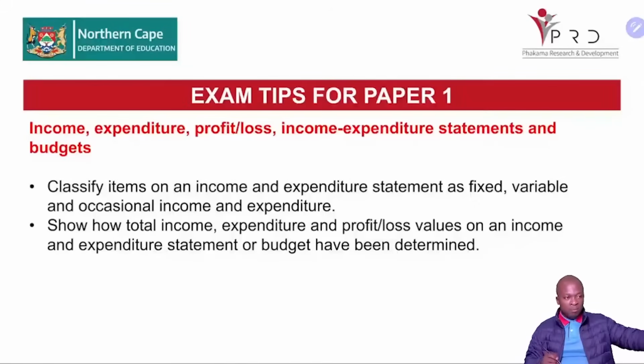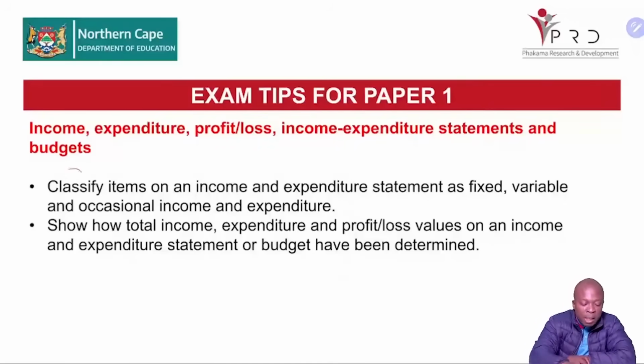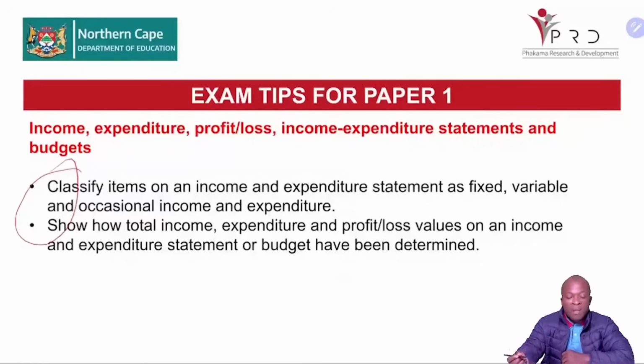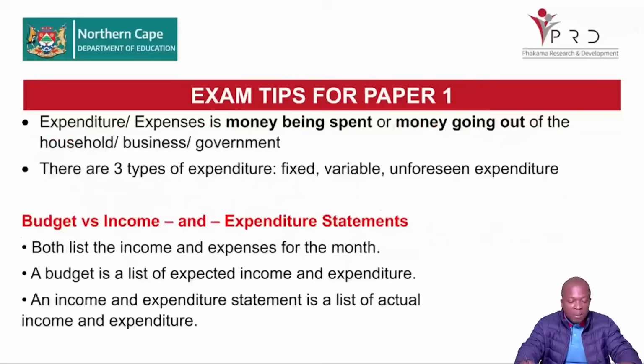We are done on financial documents because we are revising. How about income and expenditure statements? What the examiner will be asking you, focus around these ones. They want you to classify items on an income and expenditure statement, whether it's a debit or a credit, or is it occasional, is it fixed, is it variable, and show how the values were calculated.